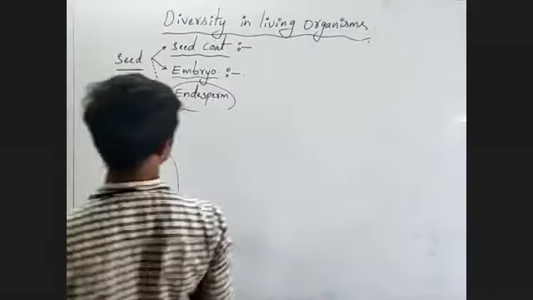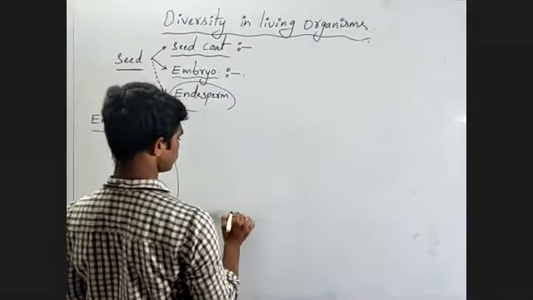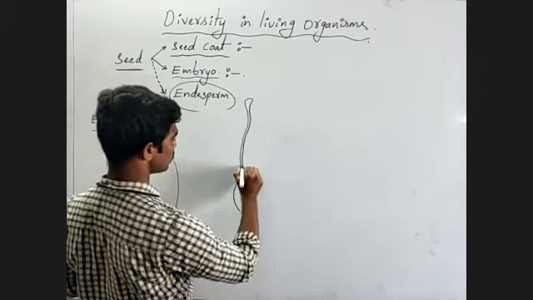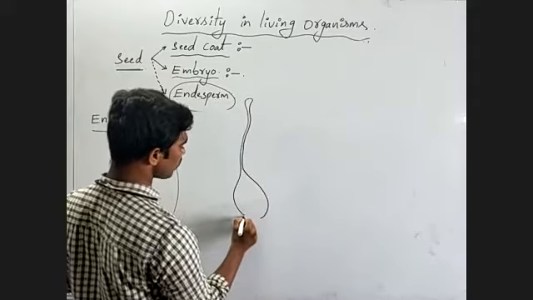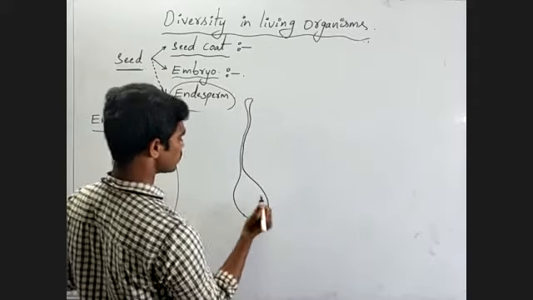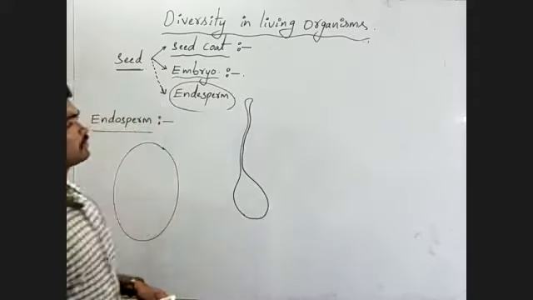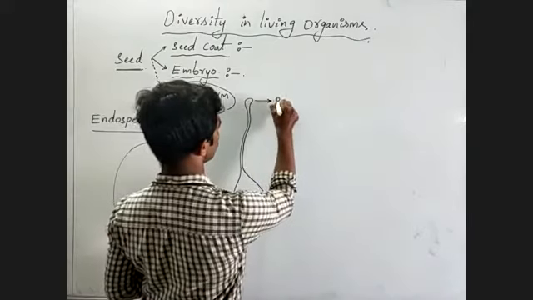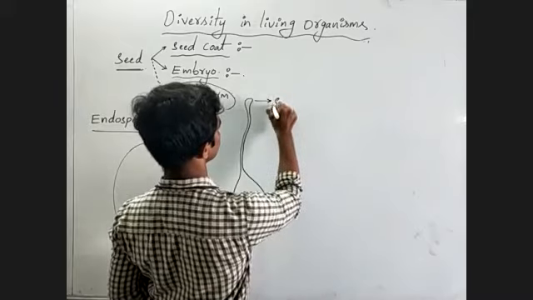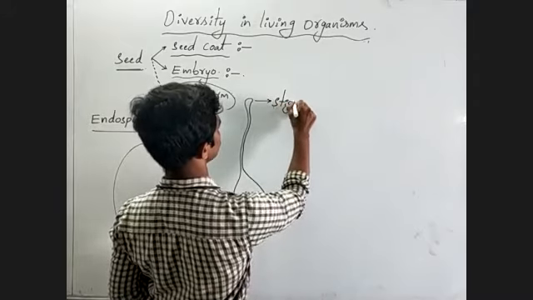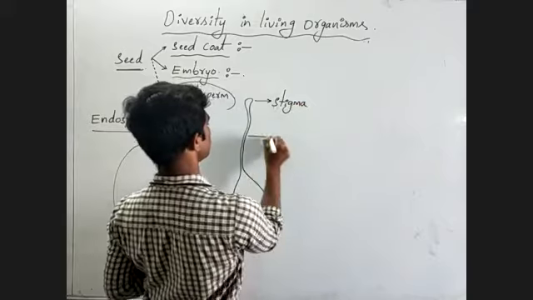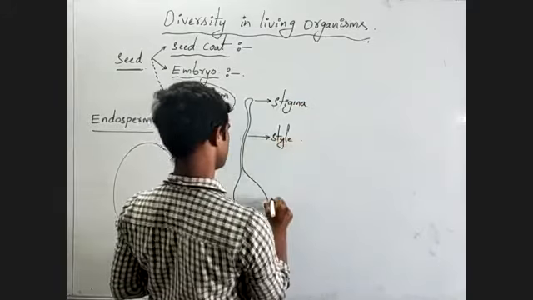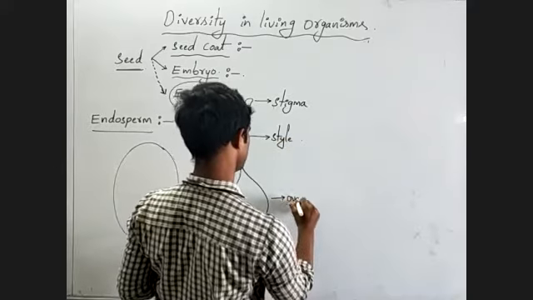Means, this is the gynoecium of the flower. This is the pistil: stigma, here style, here ovary.